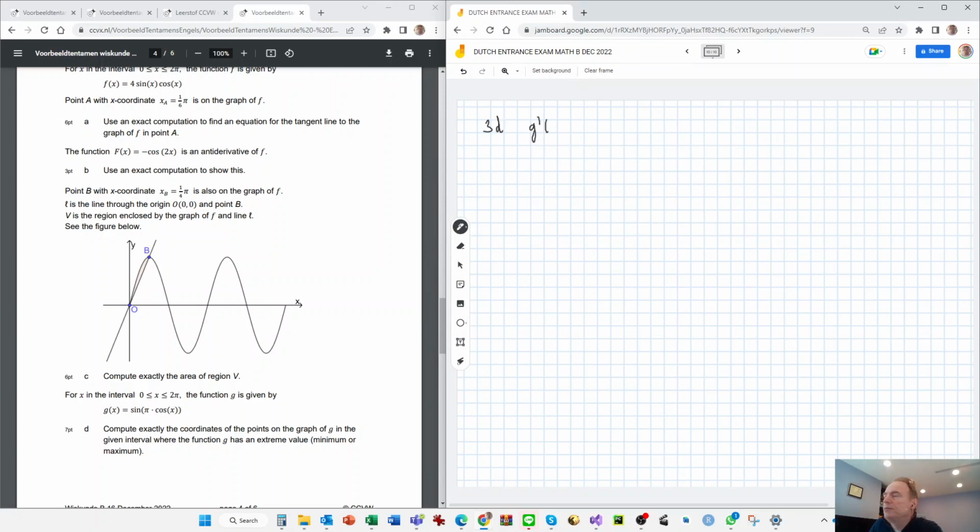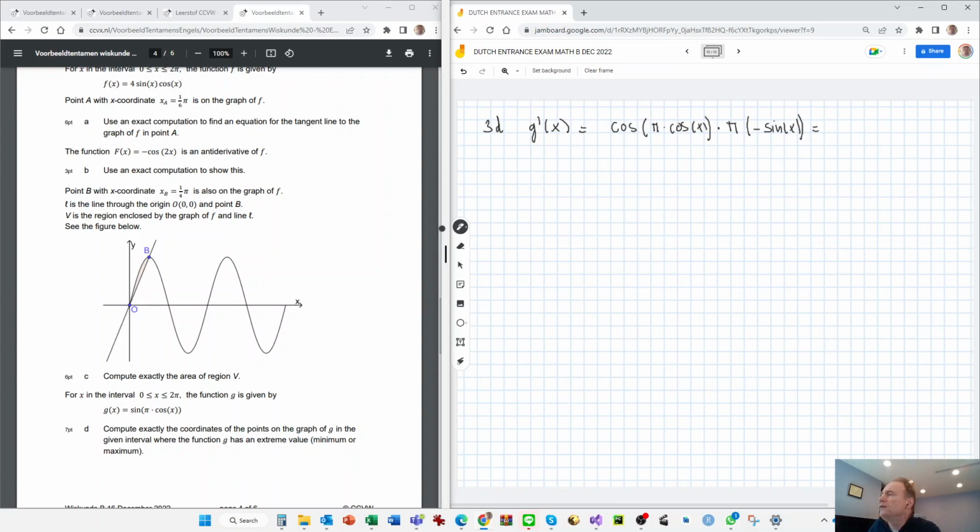So g prime of x is, using the chain rule, well, the derivative of a sine is a cosine, so you get the cosine of pi times cosine of x times the derivative of the inner function pi times cosine x, which is pi times minus the sine of x.